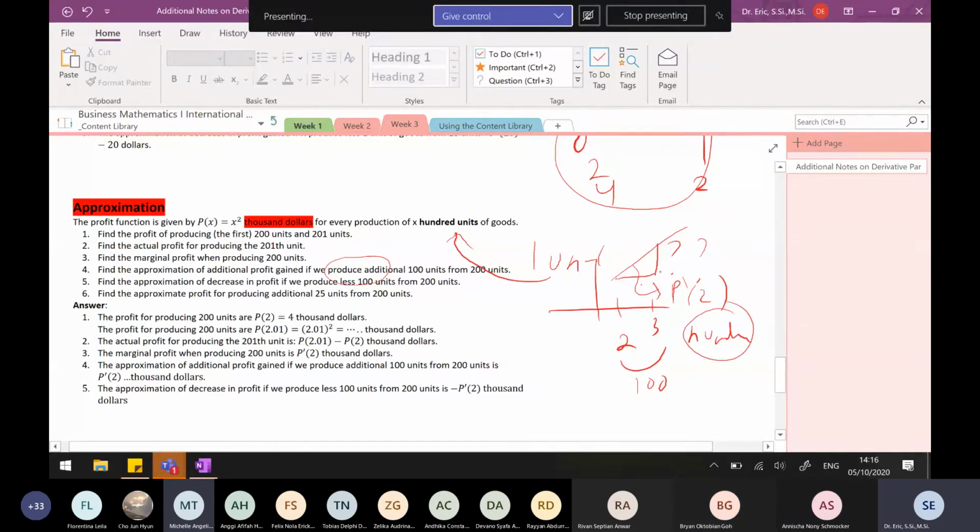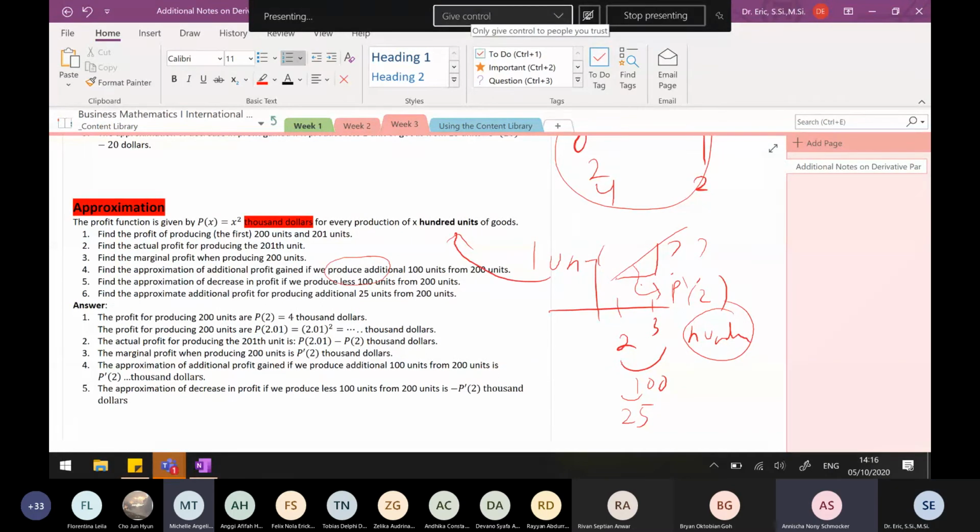Additional 100, it will increase by P prime 2. If I want to have 25 units now from 200, what is the approximate additional profit? Can you do P prime 2 times 1/4?